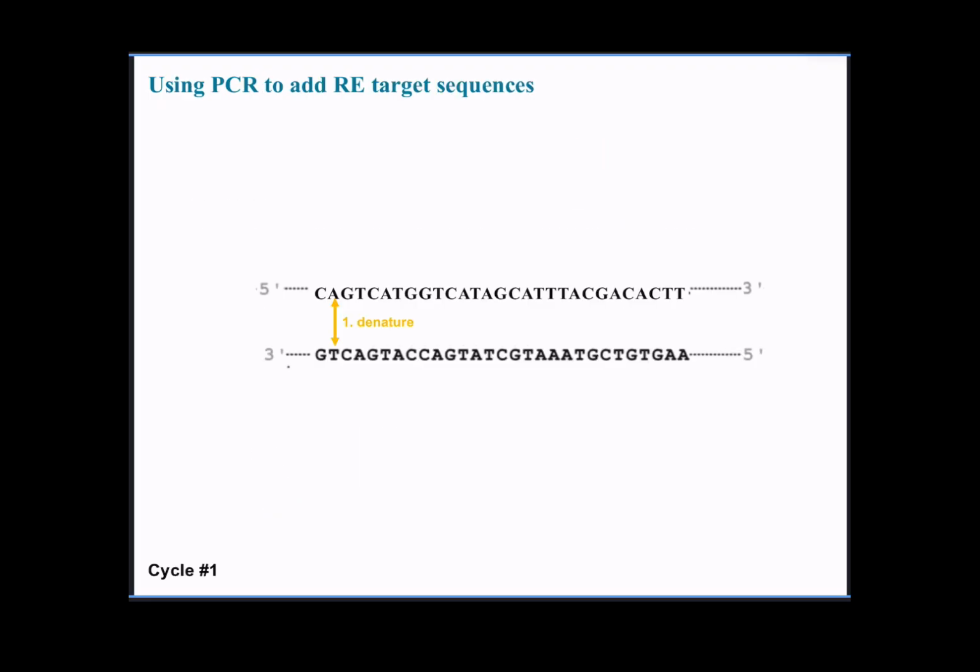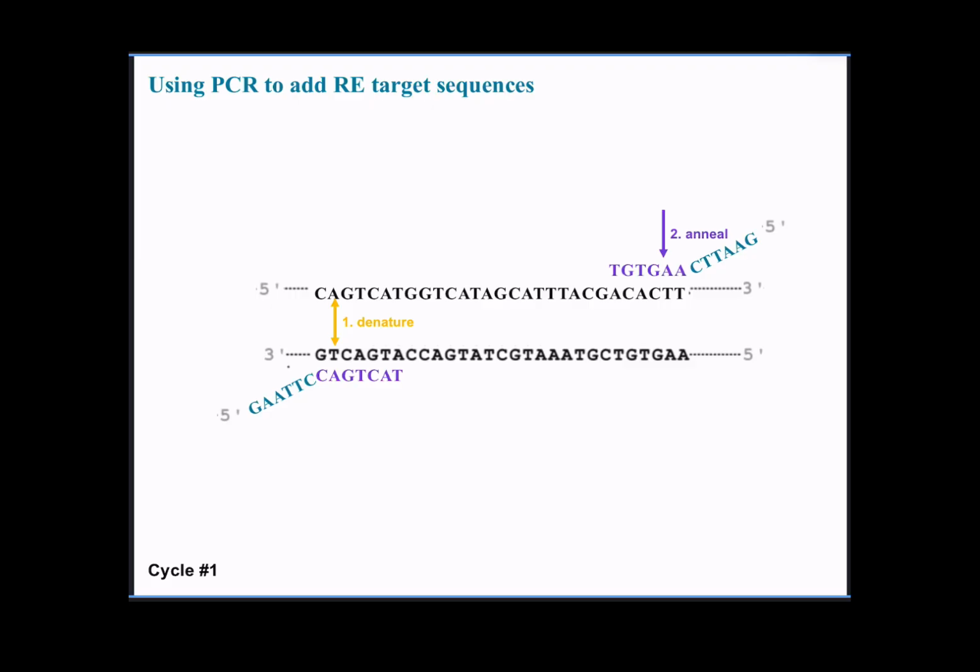So you have your original DNA with the sequence that you'd like to clone into a vector, but there are no sites for a restriction enzyme that is convenient for you to cut the insert out of the DNA. So what you do is you do a PCR with these modified primers. Cycle 1, you denature that DNA source by heating it up.